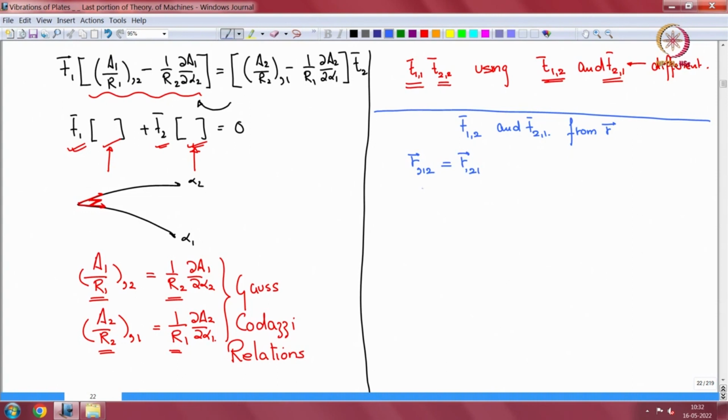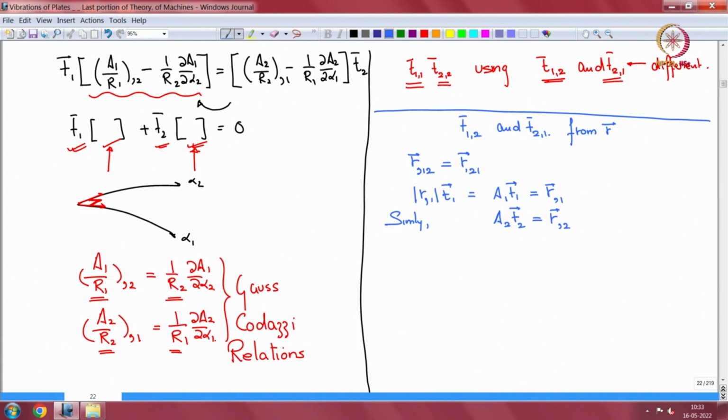And we know that R comma 1 into T1 is equal to A1 T1, which is equal to the vector R comma 1. Similarly A2 T2 is equal to R comma 2.